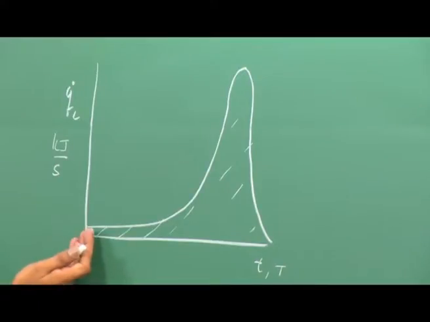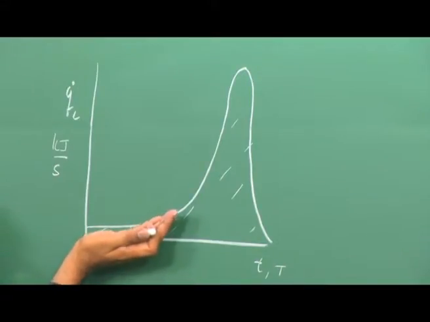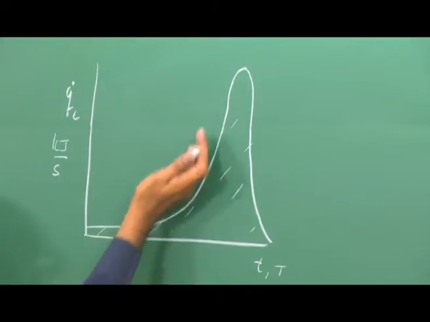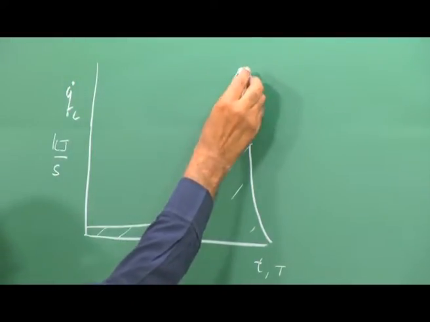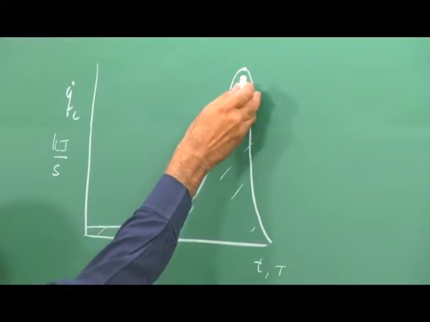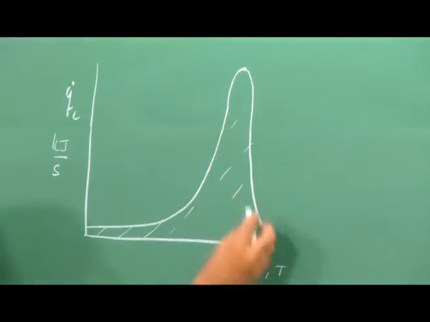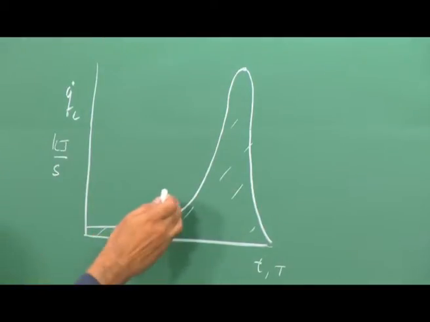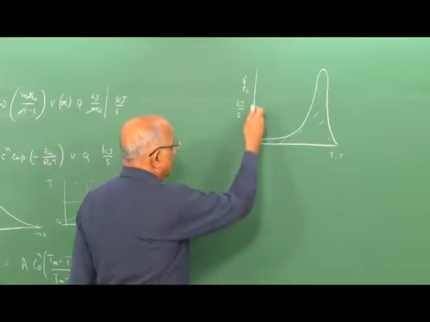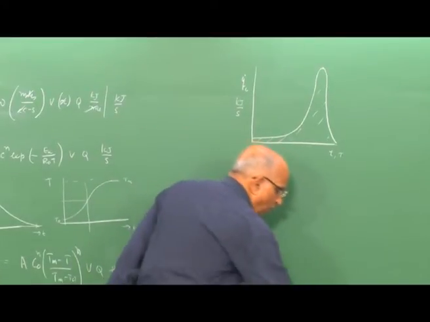That means for some time when the temperature is low, the reaction rate is slow, and then all of a sudden it shoots up to the maximum, and once the concentration is essentially completed, the reaction rate comes down to 0 at the final state. Now, if I put different values of the activation energy EA, what do I get?